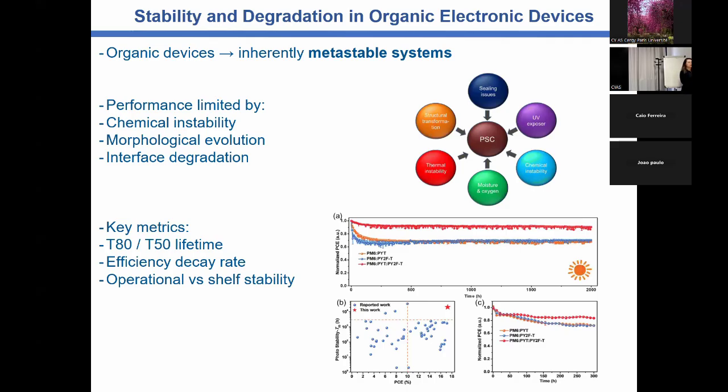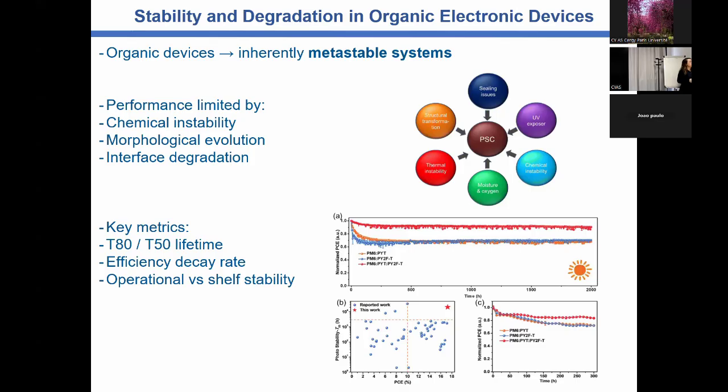So if the charge is accumulated in one interface and is not accumulating in another interface, we have this gradient inside of the device, and this gradient of charge can induce a degradation because of changes on the morphology through charge accumulation, or also charge trapping between the interface, or the delamination, as I said earlier, regarding the interfaces of the several layers.